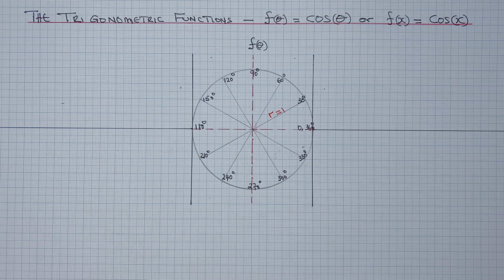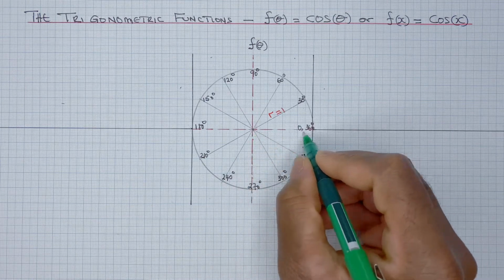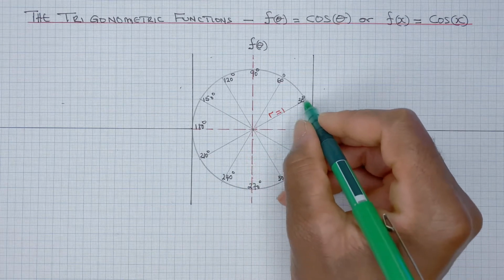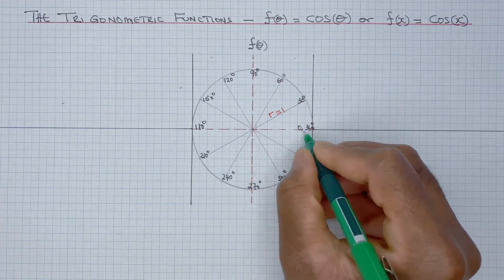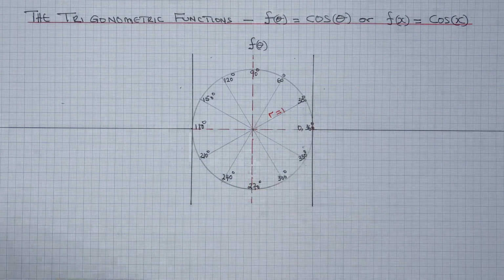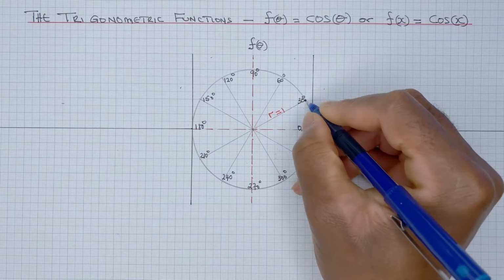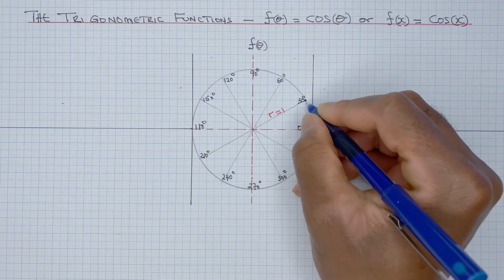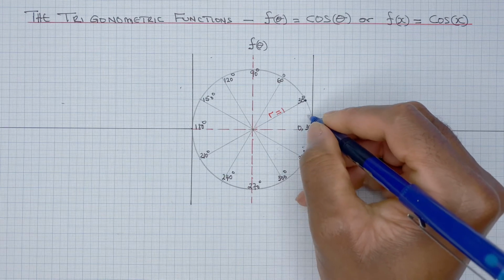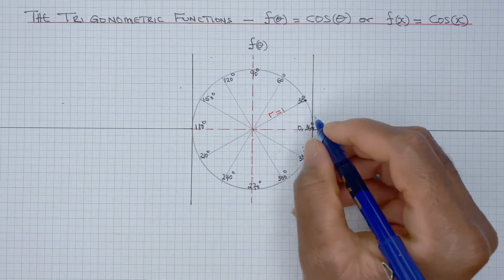So what we're looking at is the x value. We're looking for the x values. These are the x here, or theta value. So this is x and this is the y value of the radius. So the coordinate at the circumference would generate its x and y values. The y value is the sine and the x value is the cosine.